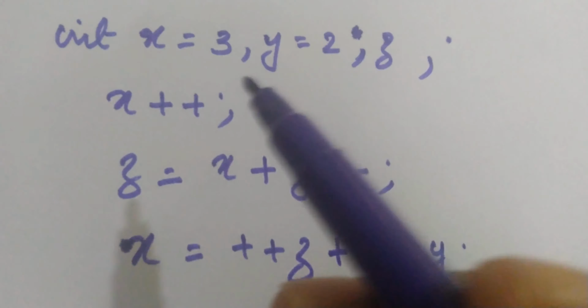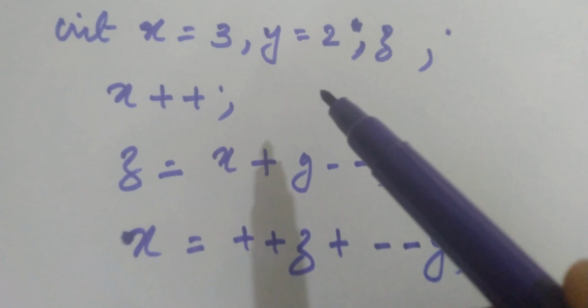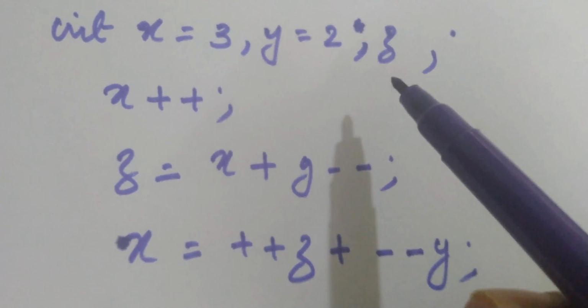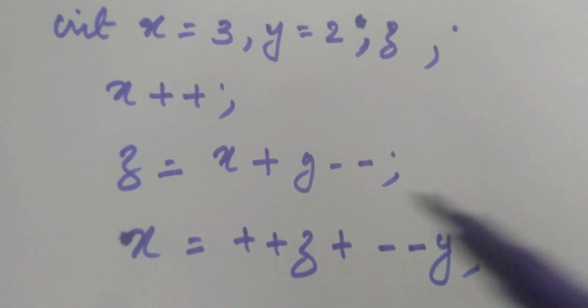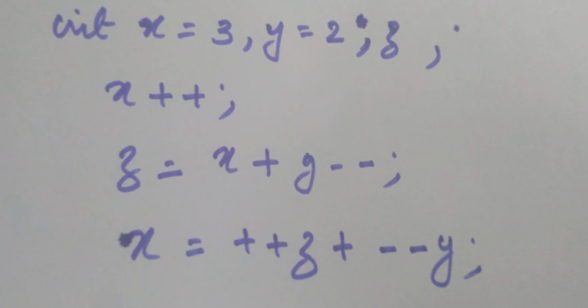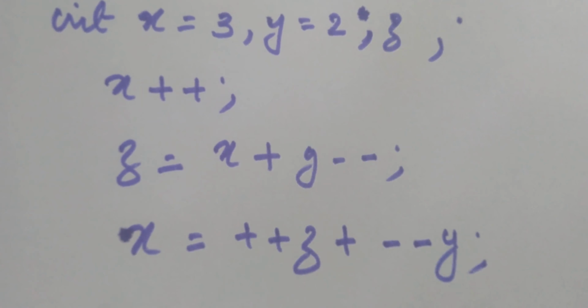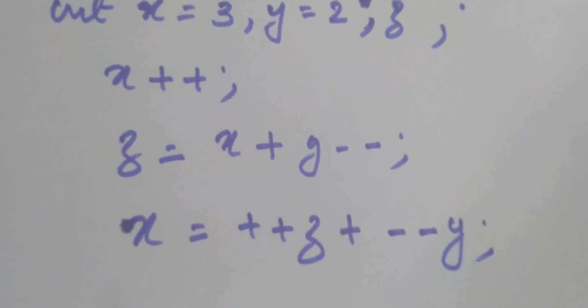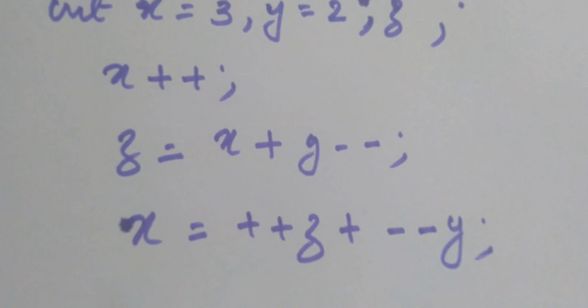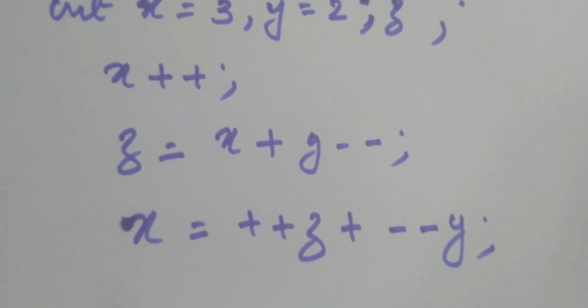Here the initial value of x is 3, y is 2 and z is just a variable. And we know that pre-increment or pre-decrement operators, when given as a part of an expression, get incremented or decremented initially and the new value will be given to the expression.